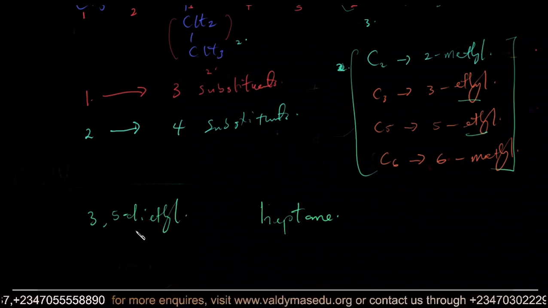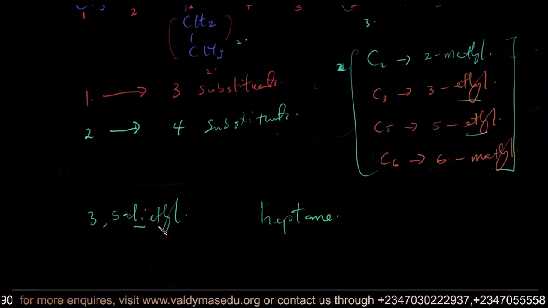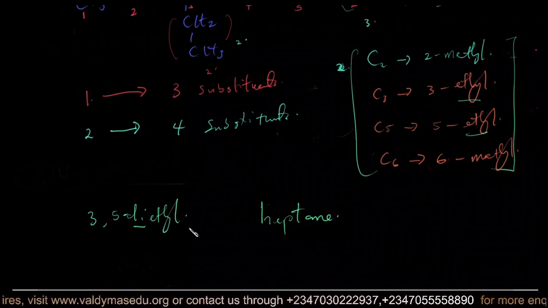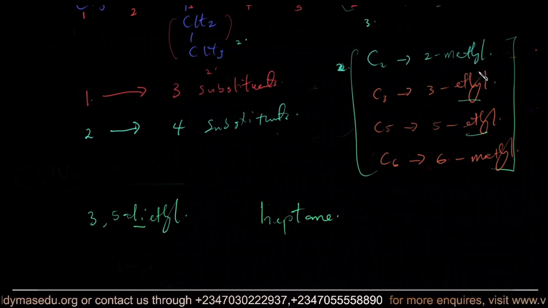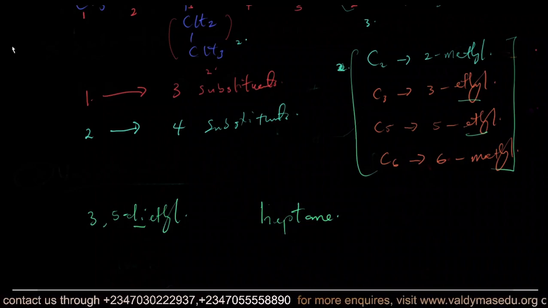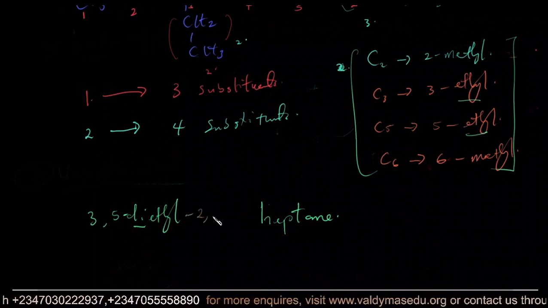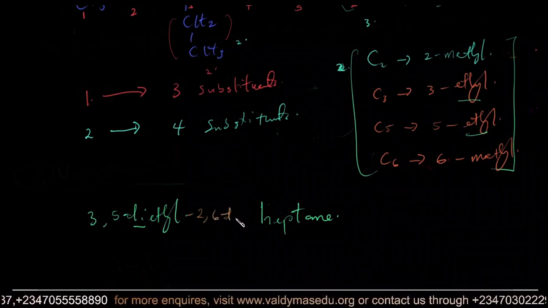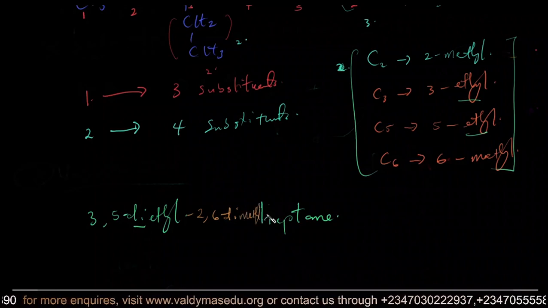Don't be confused with the di, which is not part of the alphabetical arrangement; what you have to look at is ethyl and methyl. So 3,5-diethyl, then the methyl comes in, at positions 2 and 6, so 2,6-dimethyl heptane.